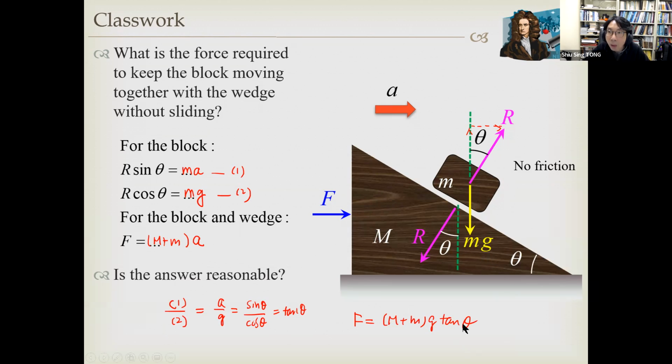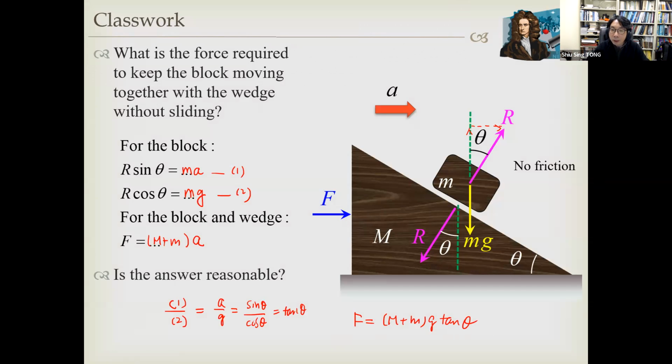When theta is very small, the inclined plane is almost horizontal, so the block is actually at rest on a horizontal plane. You don't need a force to keep it at rest. So the force required is 0, and that is reflected in this tangent theta factor. When theta is 0, tangent theta is 0, so I don't need any force to maintain the block at rest on the plane.